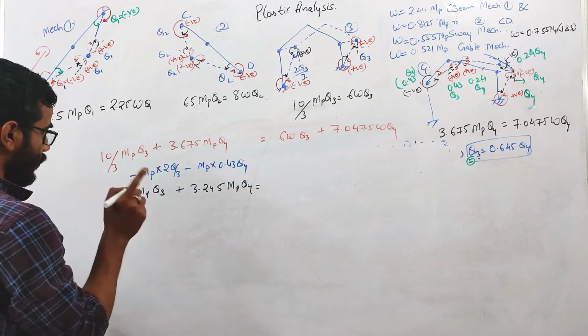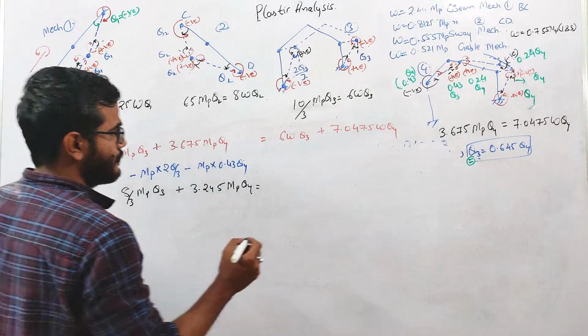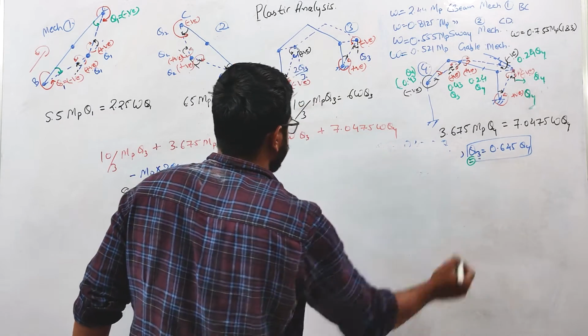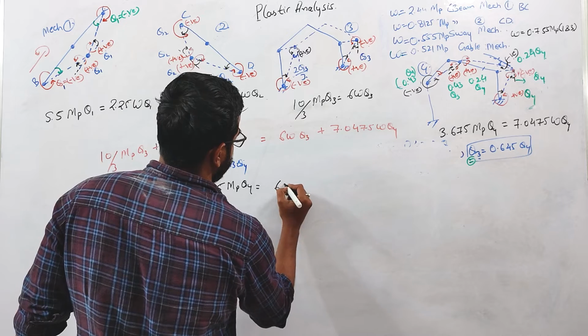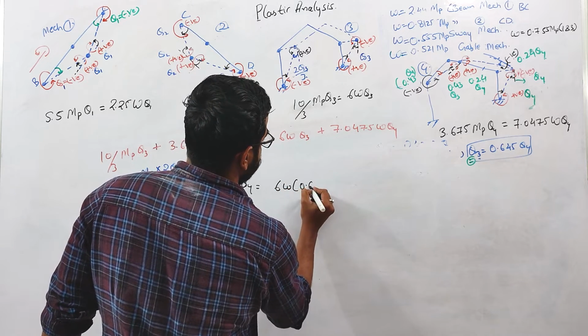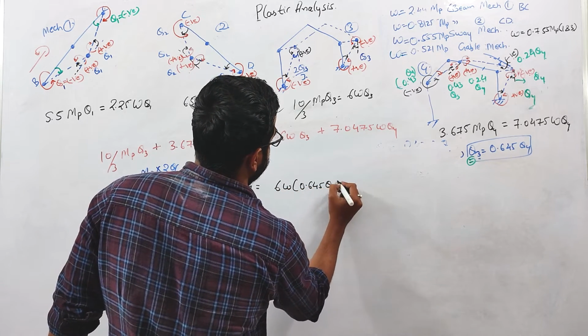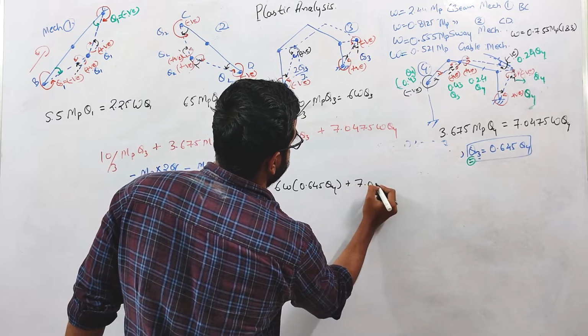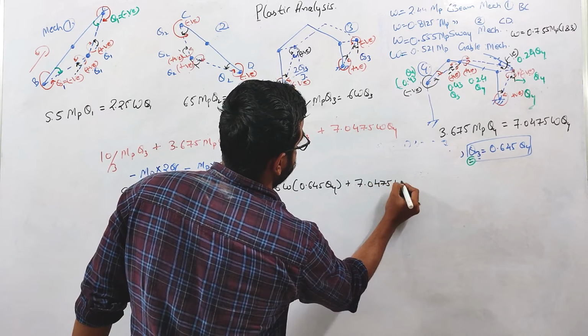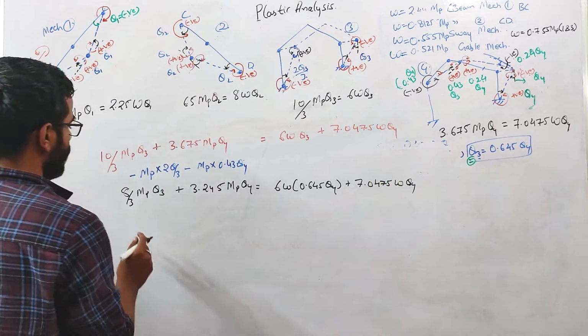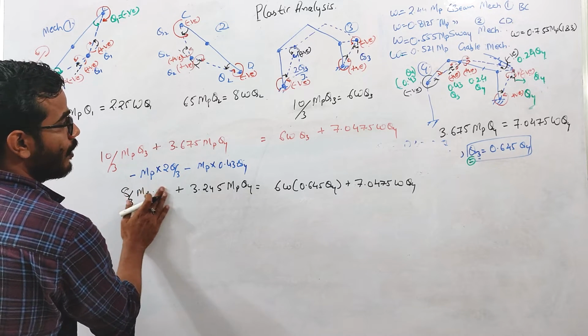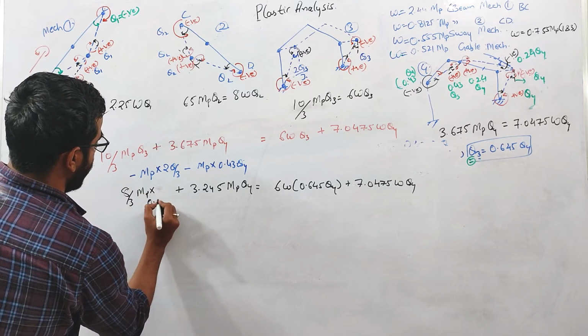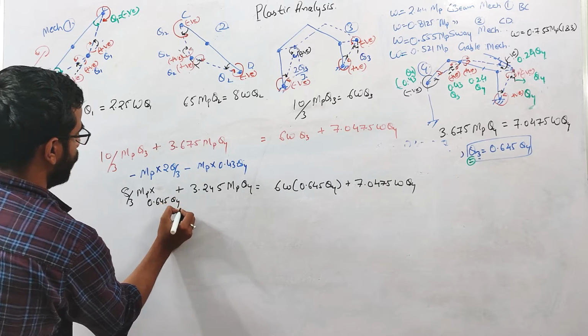Okay. So if you put the value of theta 3, which is 0.645 theta 4, I can write 6W into 0.645 theta 4 plus 7.0475 W theta 4. Here also you will put the value of theta 3, which is 0.645 theta 4.